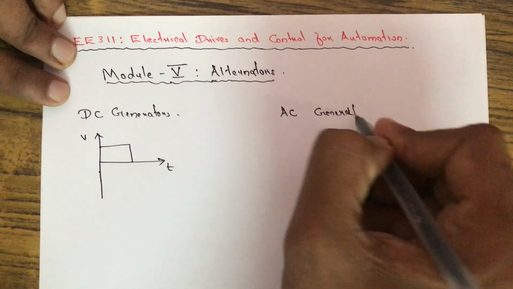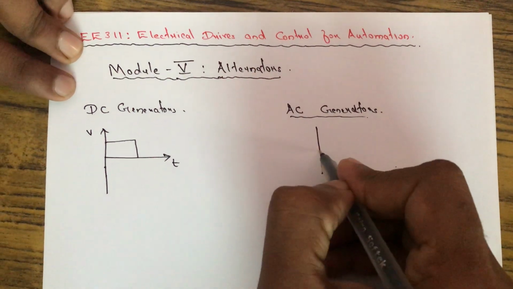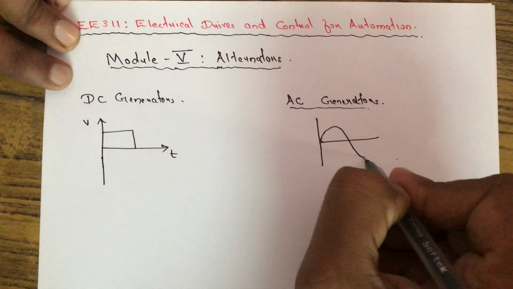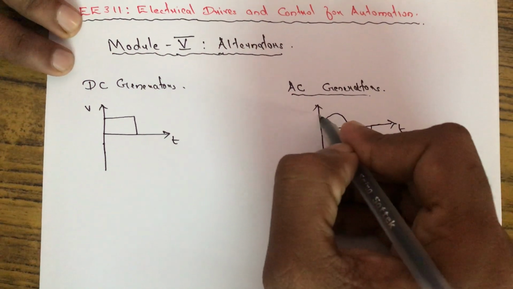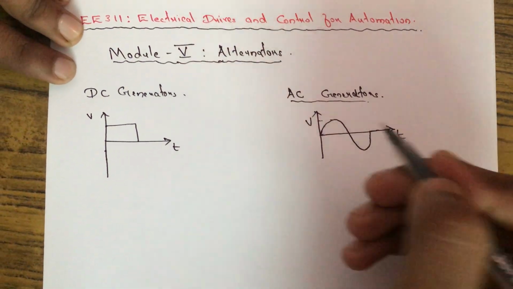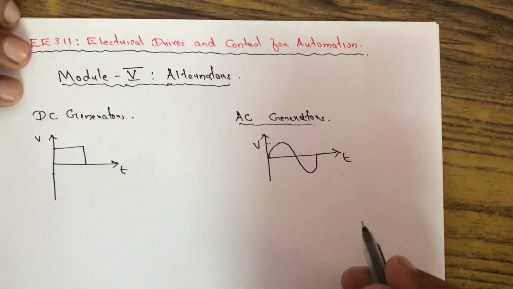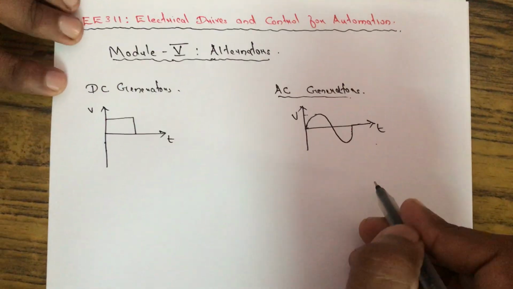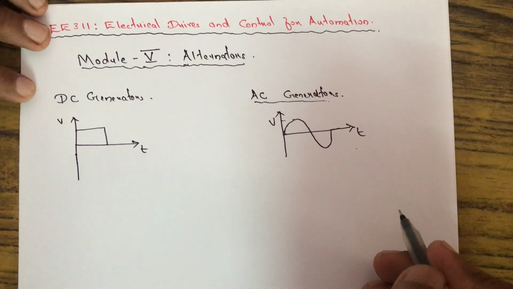In this module we will deal with the AC generators, which are used to produce AC voltages. So this is the AC voltage with respect to time, and let this be the magnitude of the voltage. Alternators are nothing but AC generators. In this module we can study the details about the AC generators which are used to produce AC voltages.